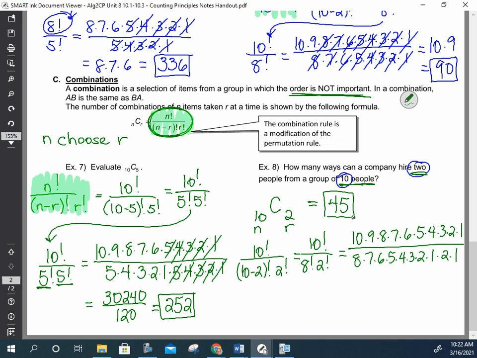So you're going to get a lot of stuff to drop out. So 10 times 9 is 90. 2 times 1 is 2. 90 divided by 2 is 45.